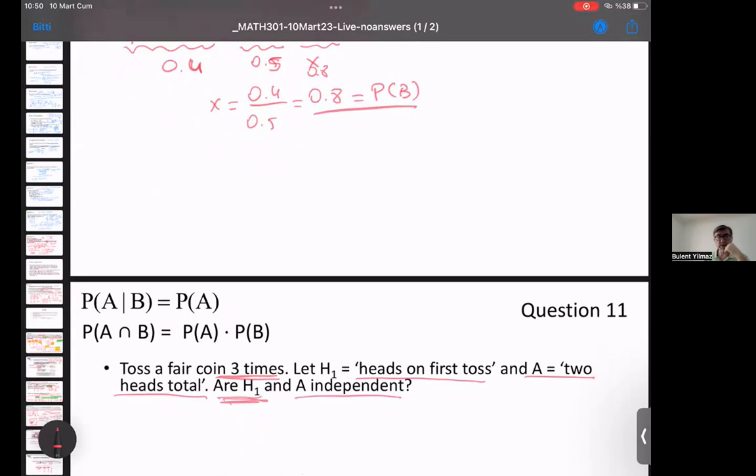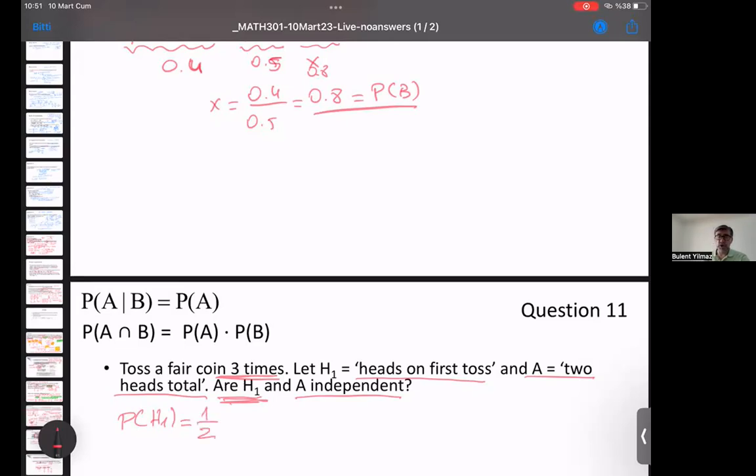How do I find this? What's the probability of H1, heads on first toss? I'm flipping a coin 3 times. It's going to be 1/2, right?